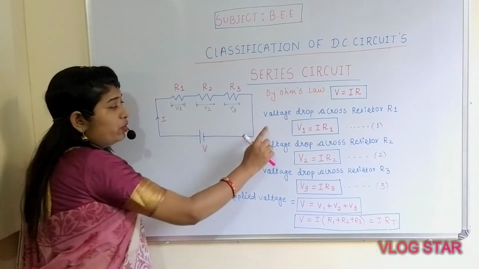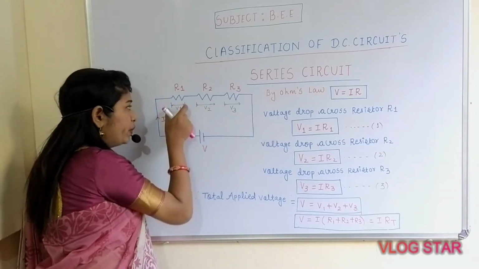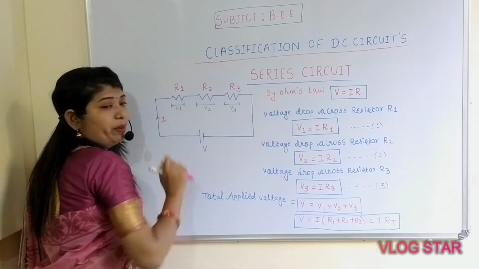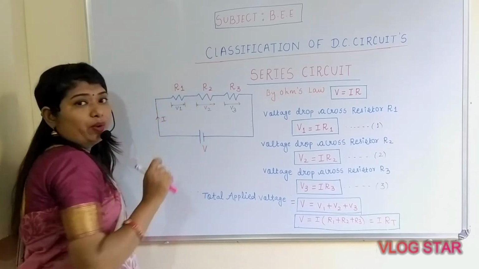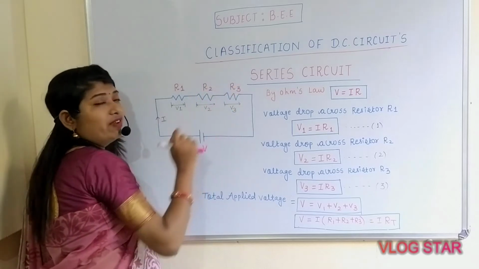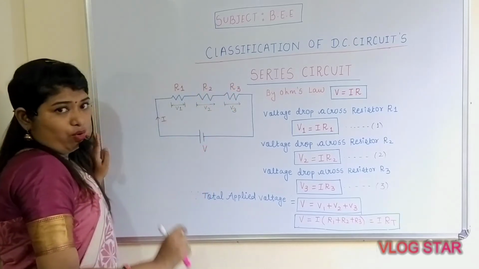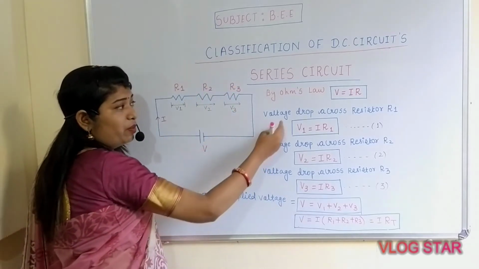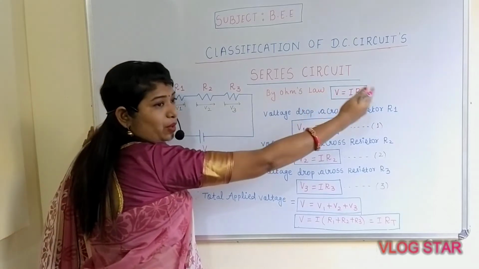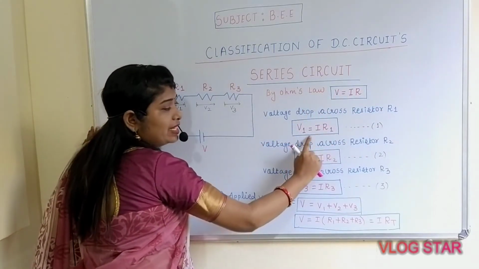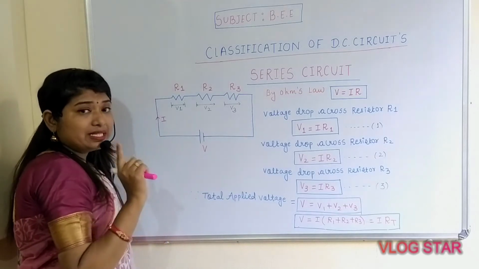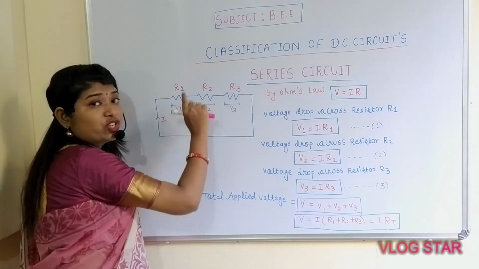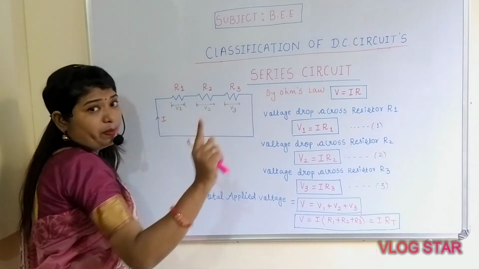Am I right? So you need to calculate what would be the voltage drop across R1 by Ohm's law, what would be the voltage drop across R2 by Ohm's law, and what would be the value of V3 by Ohm's law. So can you recollect what is basically Ohm's law? V is equal to I into R. So V1 is nothing but, as I told you, current will remain the same. So the current flowing through each and every resistor will be the same.